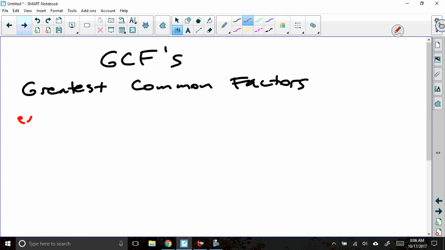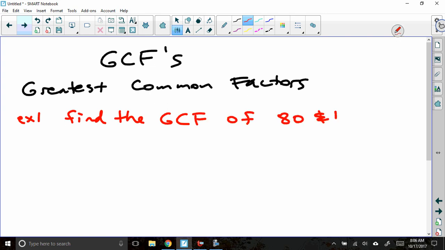So if we just look at example 1, find the GCF of 80 and 18. Suppose we had to find the greatest common factor of 80 and 18. Now this is different than finding a least common multiple. When we studied fractions, we talked about least common multiples. Well, now we're talking about greatest common factors.